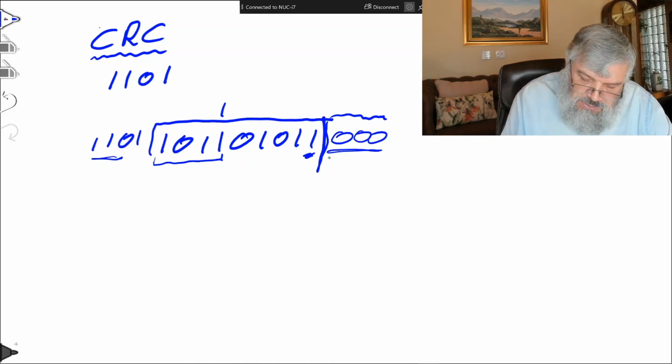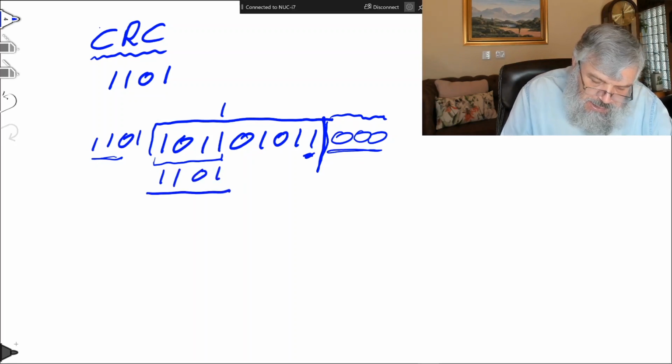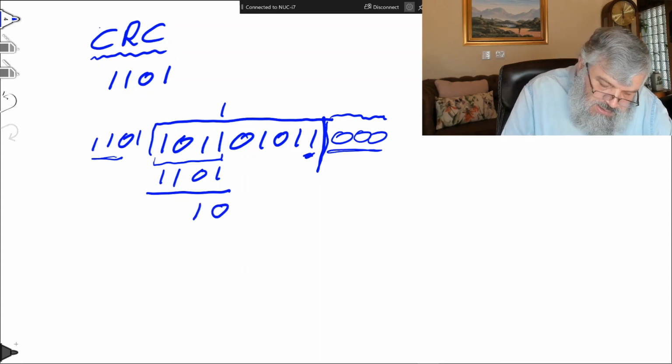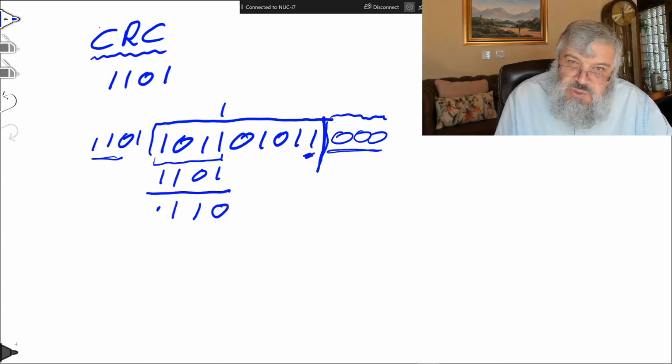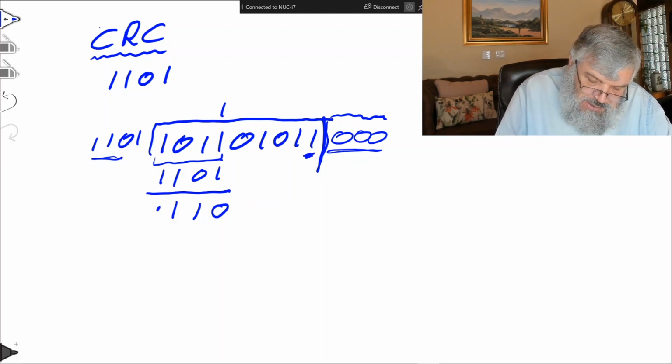What I care about is what I get in these lower 3 bits eventually. So I've said this divides into it once, so I have to subtract it. And I'm doing that with 1's complement, so 1 minus 1 is 0, 1 minus 0 is 1, 0 minus 1 is 1, and this uppermost 1 minus 1 will be 0. I've dropped a bit, and that's exactly what I wanted to have done.